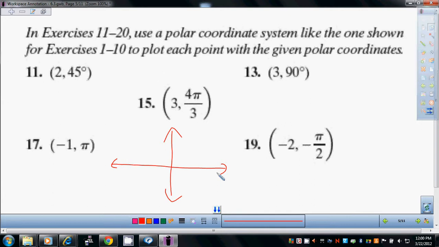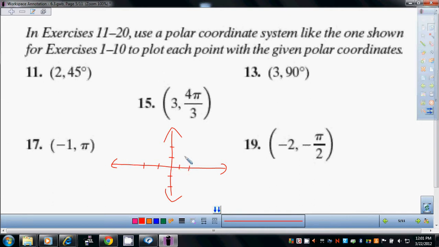Tyler Atkins, what quadrant is number 11 in? It would be Quadrant 1, you're right. You come over 2 units, and then you rotate 45 degrees. Now, please note, your point will not be directly over the 2. It's rotating like a circle.